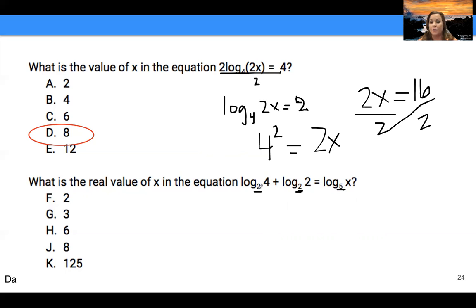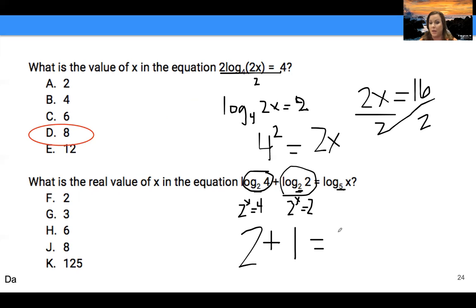Or I can go 2 to the what power equals 4, so this is really 2 to the x power equals 4. So this is going to be equal to 2, plus 2 to the what power equals 2. So this one is going to equal 1.